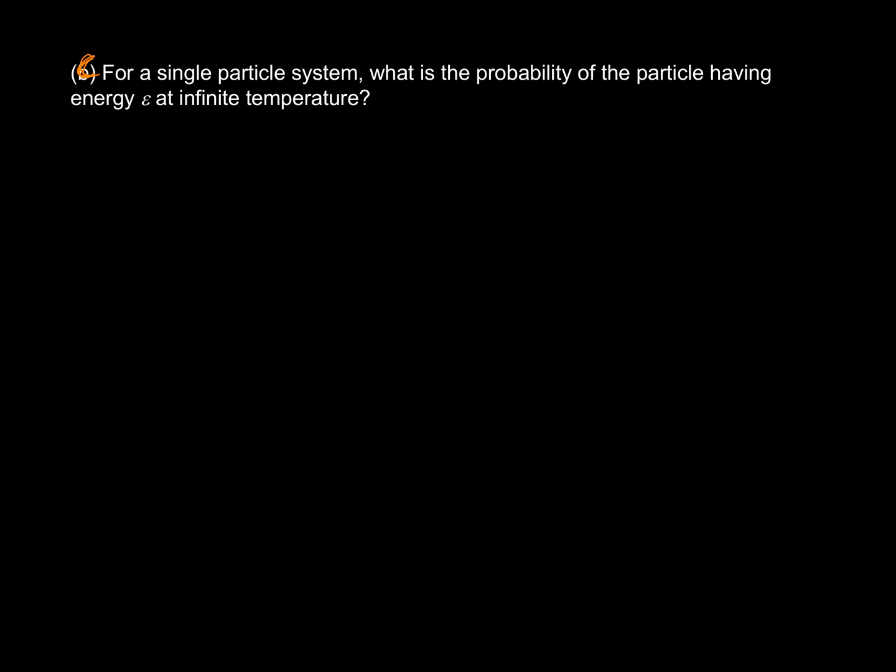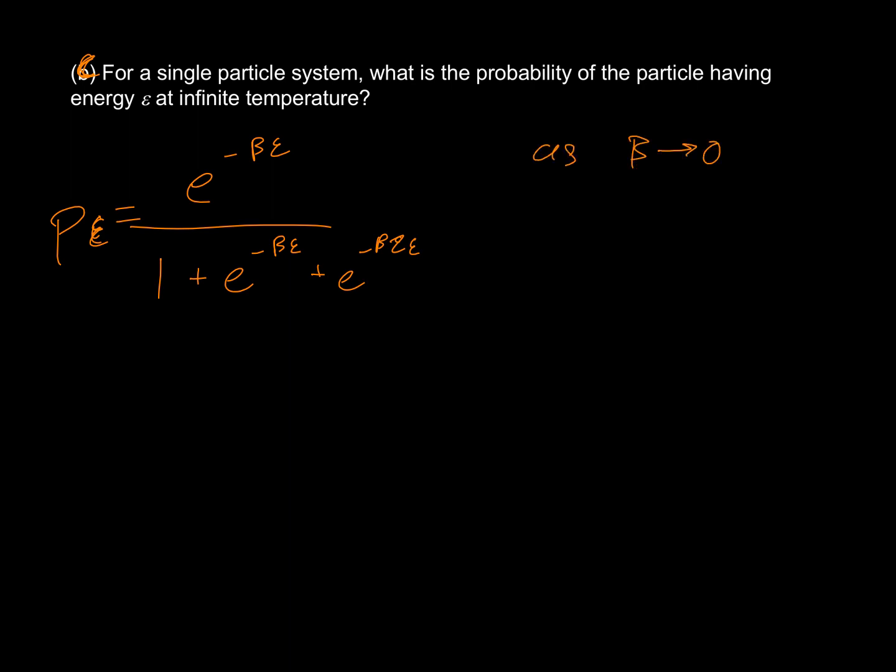We're a bit short on time, so I'm just going to go through this one really quickly. So the probability of being at energy epsilon is e to the minus beta epsilon divided by the partition function, which is 1 plus e to the minus beta epsilon plus e to the minus 2 beta epsilon. So as beta goes to 0, as T goes to infinity, it's e to the zeros all around, right?